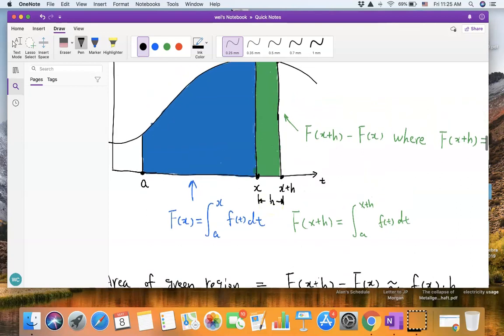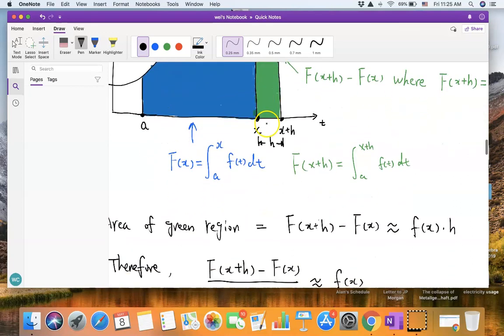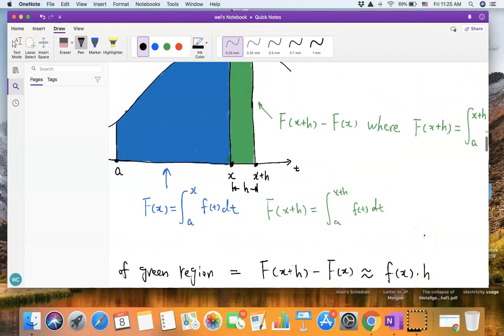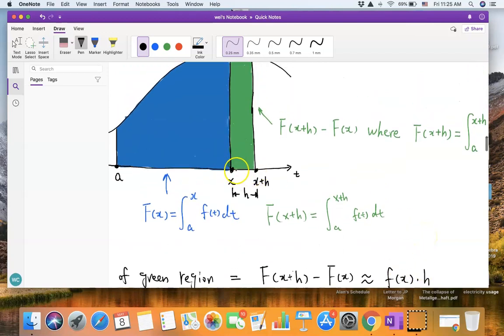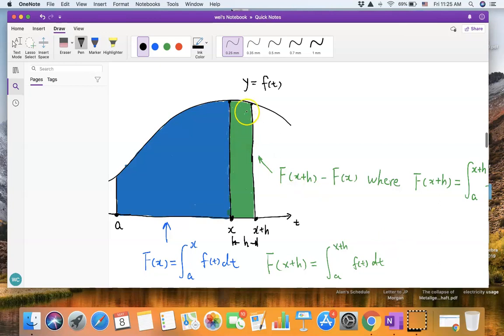So the area of this green region we can write as f(x) times h, where h stands for the width of this rectangle, and f(x) stands for the height of this rectangle.